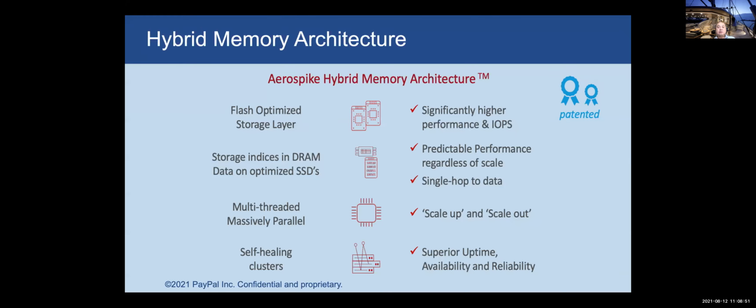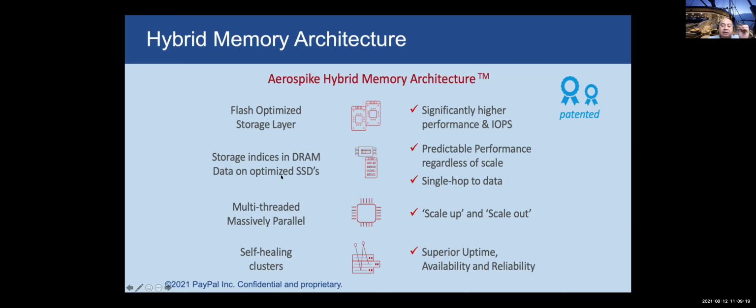So here we want to talk about the special architecture of Aerospike, and this is the reason why we can take advantage of the PMEM. This Aerospike platform has a unique architecture, which they call the hybrid memory architecture. In this architecture, the data are stored in a flash optimized storage layer, meaning the SSD, the NVMe type.